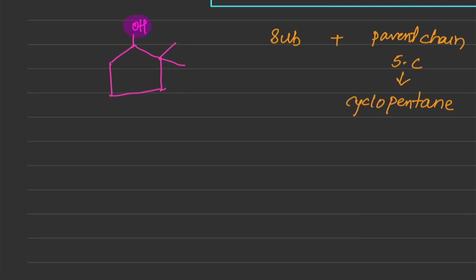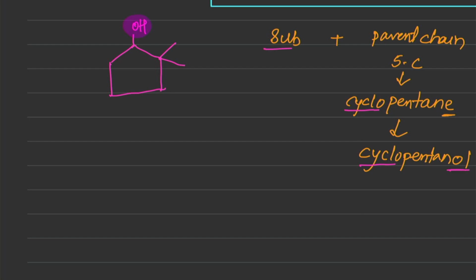Now, what is the rule? The E is going to be replaced by OL, giving cyclopentanol. So we added cyclo and then we replaced E with ol. That's the part we have taken care of.